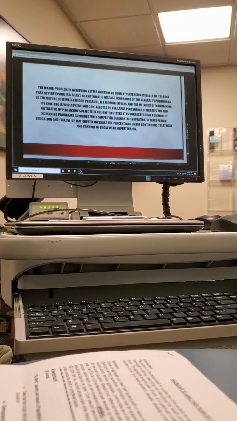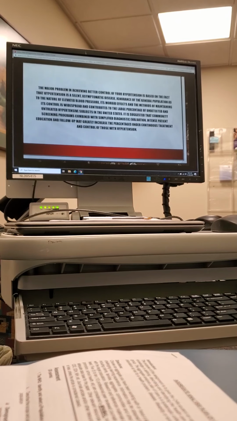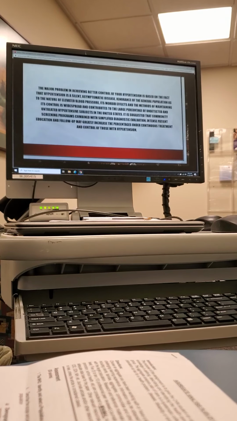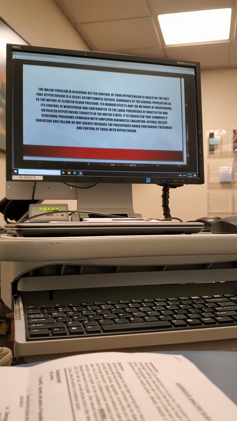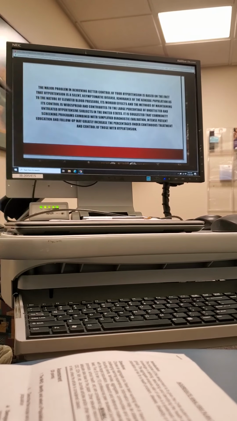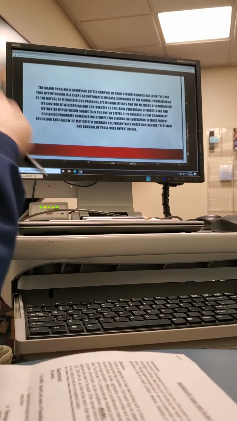So a major problem in achieving better control of hypertension is based on the fact that hypertension is a silent, asymptomatic disease oftentimes. There are other times that you can have symptoms, and some symptoms that you can feel and see are flushing, a lot of the times headache.